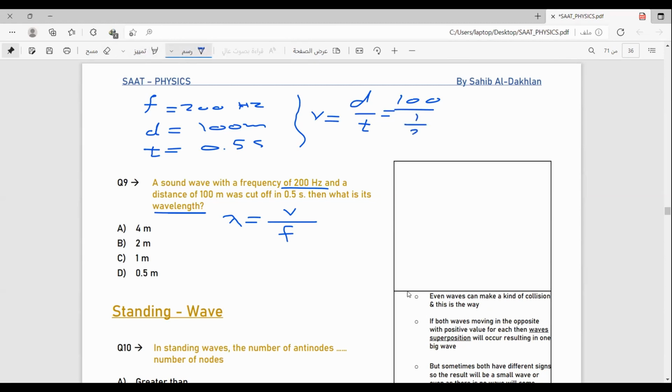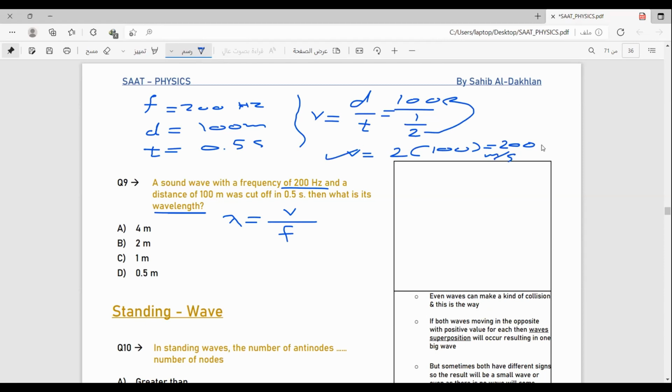And as we know from mathematics, the denominator of the denominator goes up and is multiplied with the numerator. So V equals 2 times 100, which equals 200, and the unit is meter per second. So now we get the velocity.